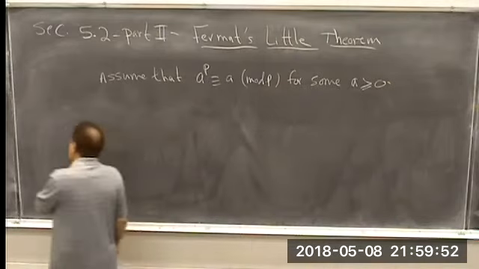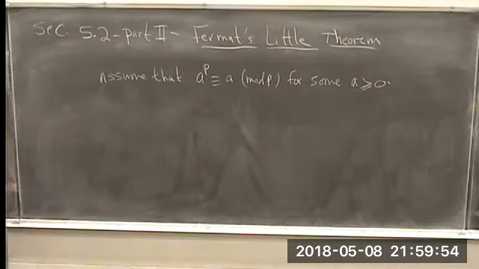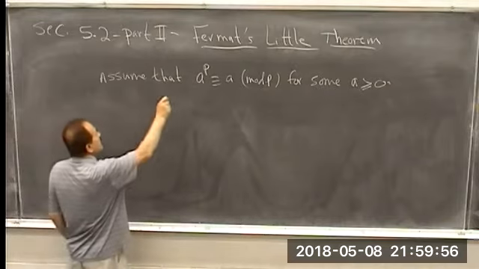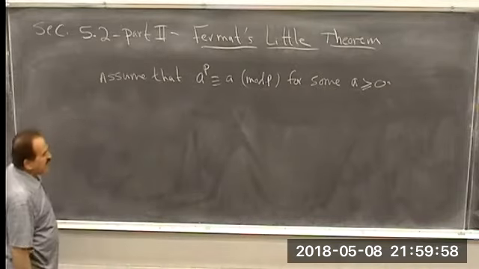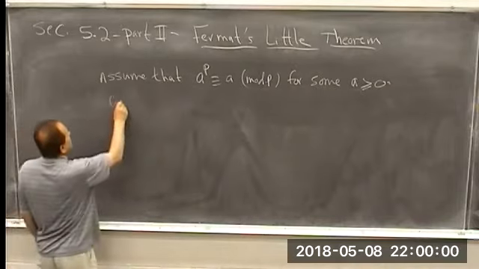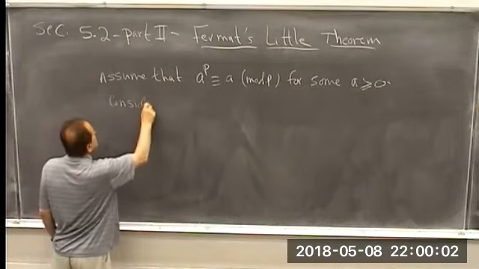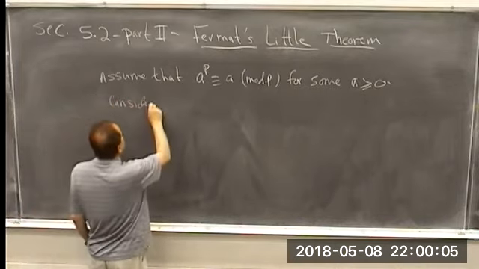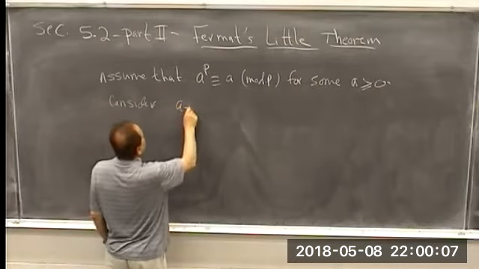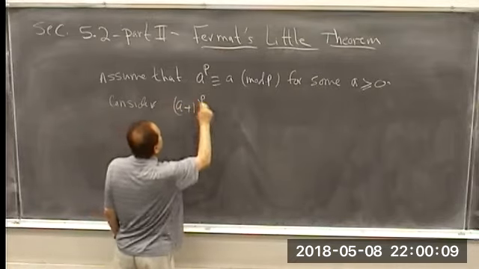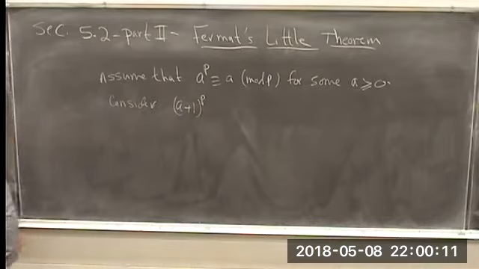All right. Now let's consider the statement for a plus 1. So we're going to consider a plus 1 to the p. All right, so we're going to use the binomial theorem.